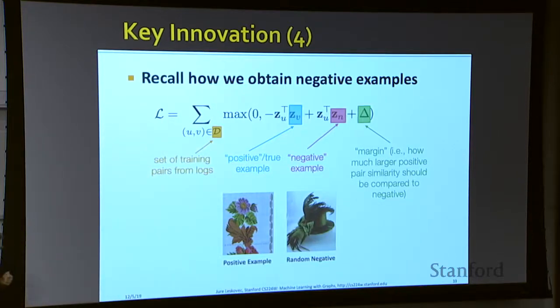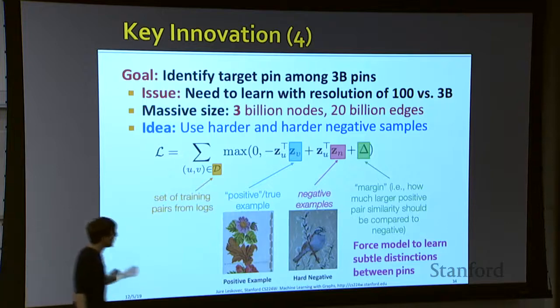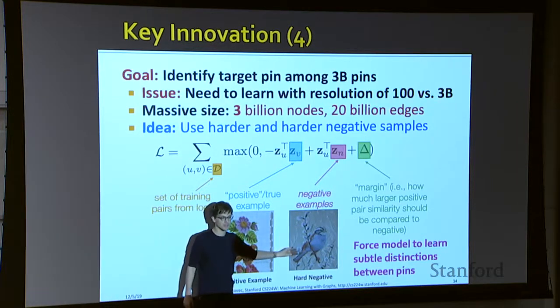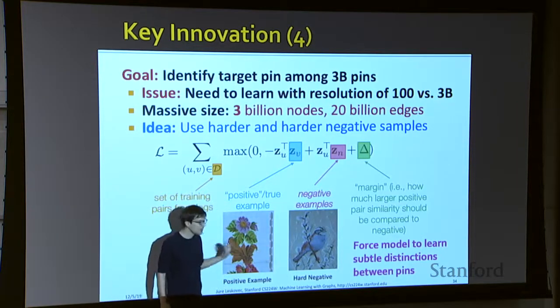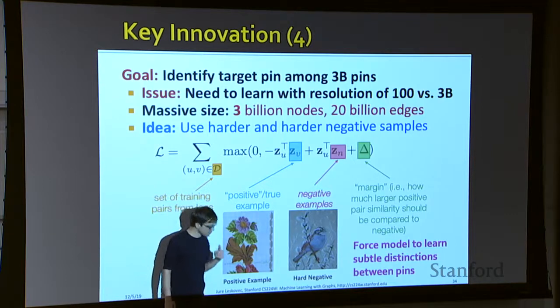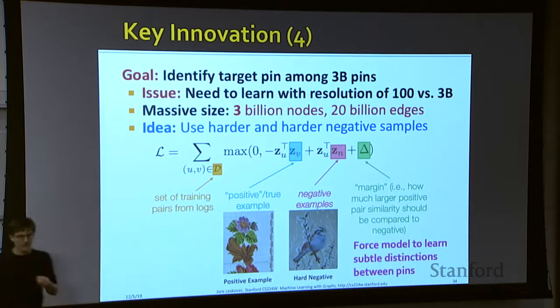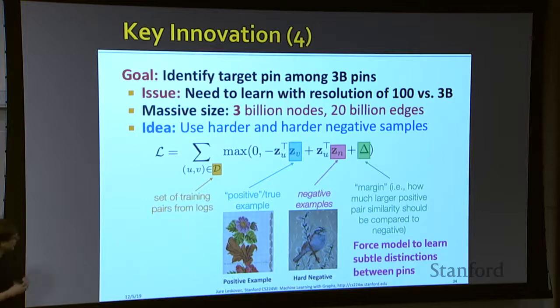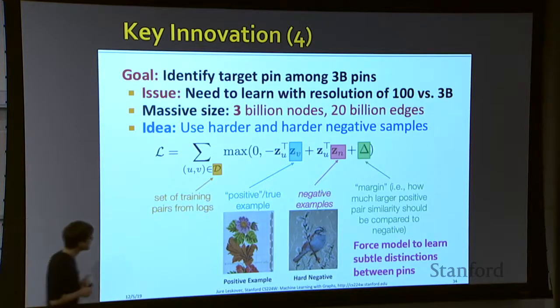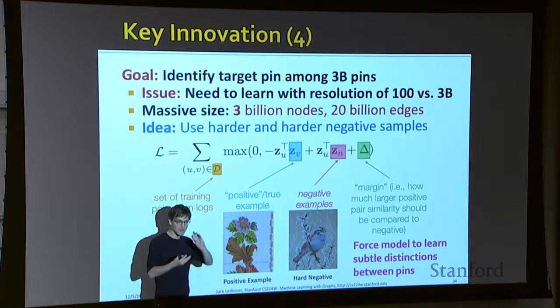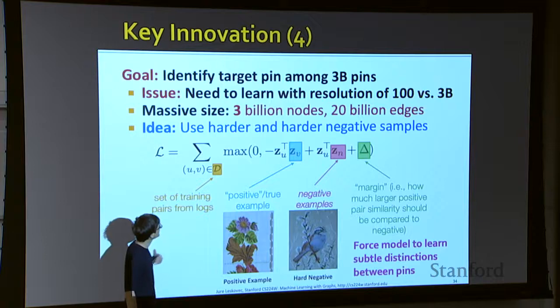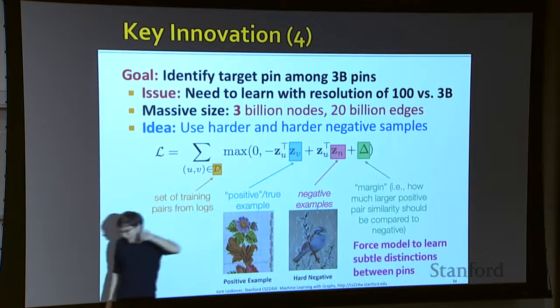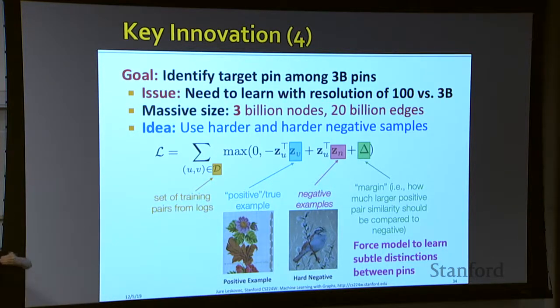So the idea is to come up with this notion of hard negative examples. Early on we can use negative examples that are easy, but as the training progresses, we will be using harder and harder negative examples. And this will force our model to learn better and better. And as I said, why do we care about this? Because we only care about the top 100 closest pins out of the 3 billion, and the rest we don't care about.